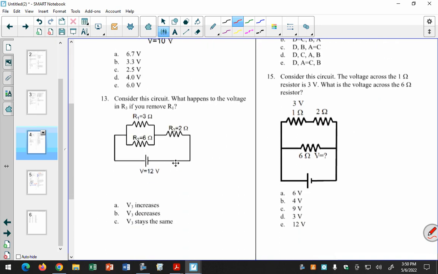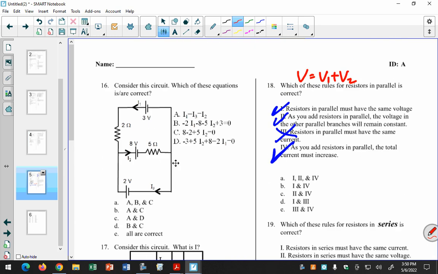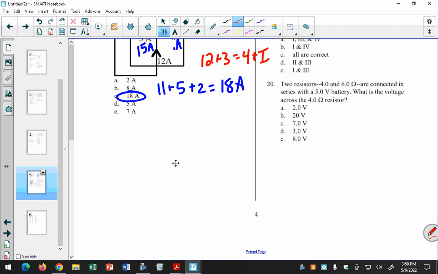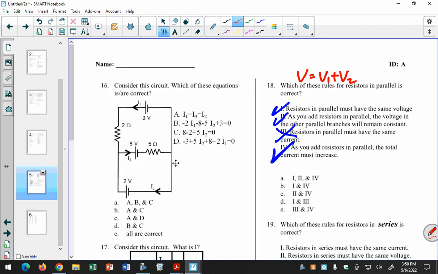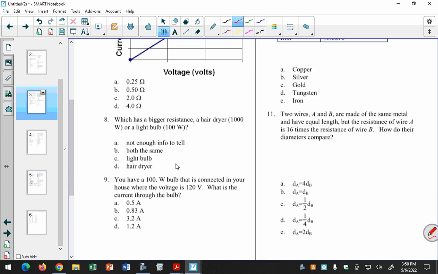Mostly I'm just going to be changing the circuits on this exam, giving different circuits but similar questions. Now let me know if you want to do anything here.